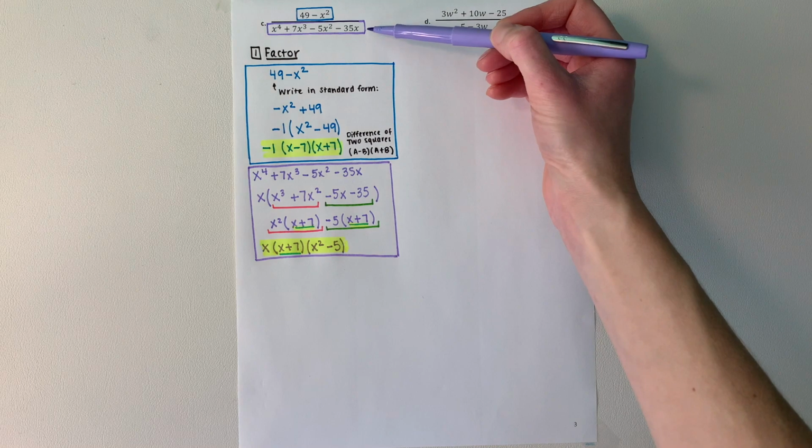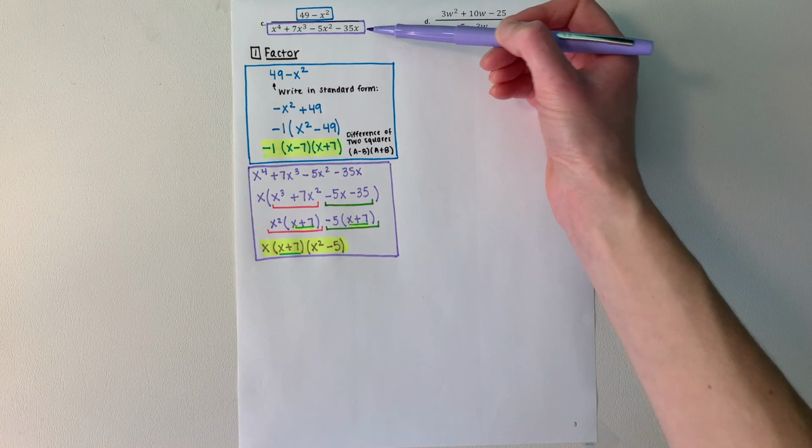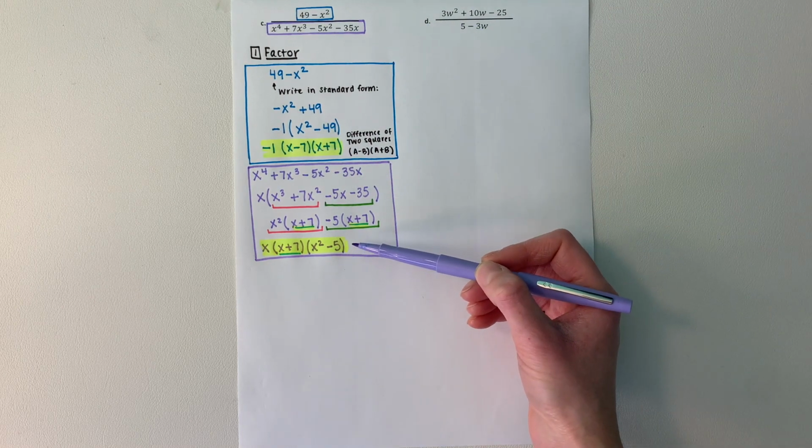Now we've factored the denominator using the factor by grouping method, and our final factored form is written here.